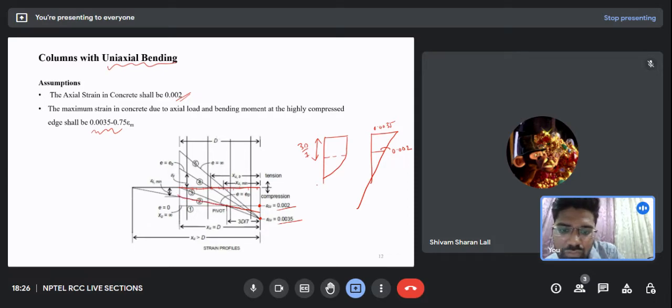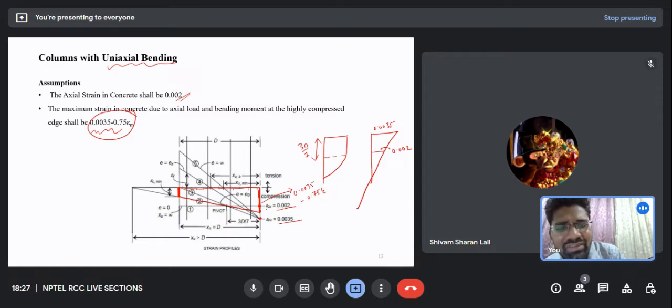So this is case 2. This is the highly compressed edge, and this is the edge of the concrete which is less compressed. What this second assumption says is that the highly compressed edge will have a strain of 0.0035 minus 0.75 epsilon, where epsilon is the strain at this point, which is compressed less.